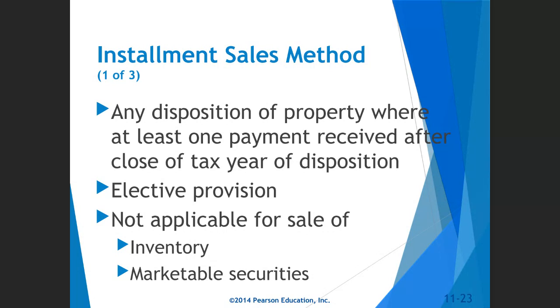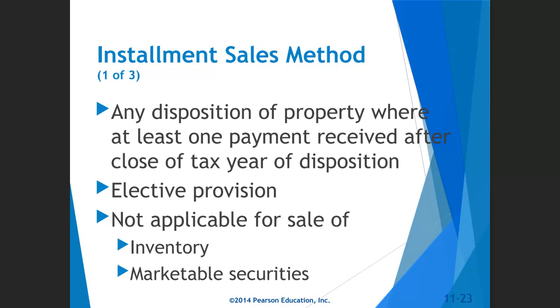The installment method is applicable only to gain and is used to report income from an installment transaction unless the taxpayer elects not to use the installment method. An installment sale is any disposition of property where at least one payment is received after the close of the taxable year in which the disposition occurs.